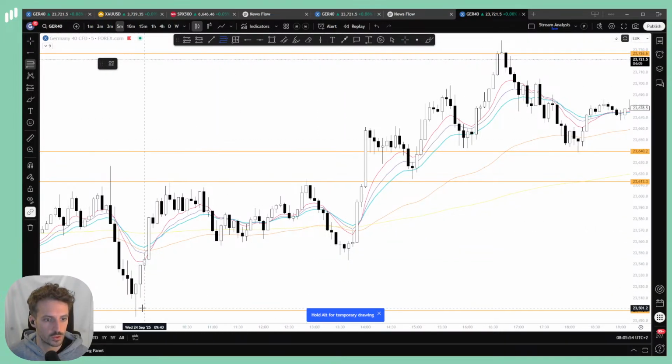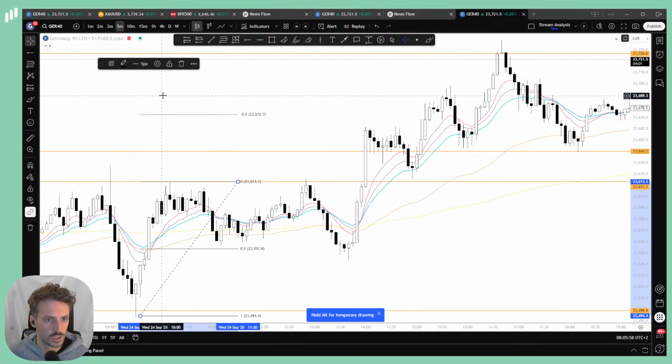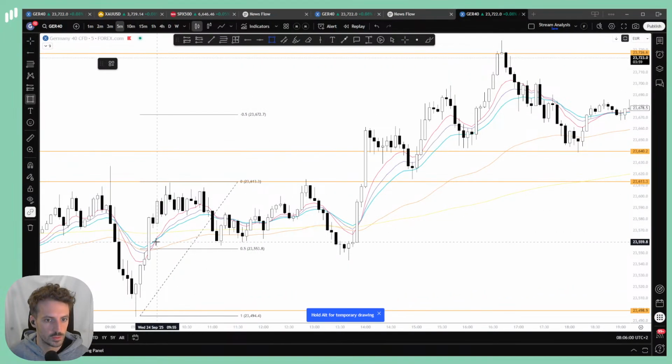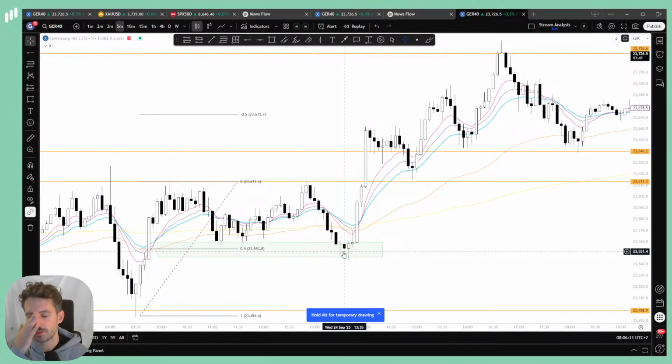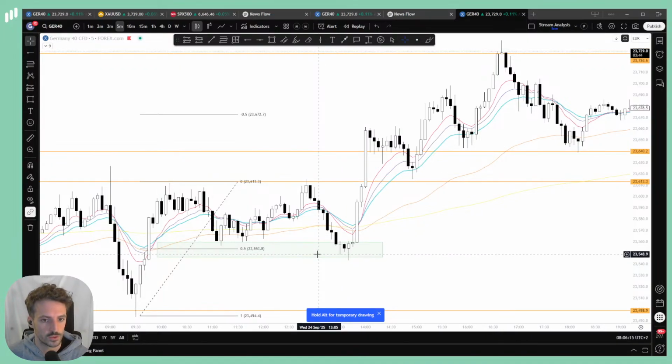Nice 50% pullback here. If you mark this out, we have here the 50% zone, which we tapped once, twice, maybe even a fourth time here for sure. This is interesting to me because it tells me where I want to place my trade.